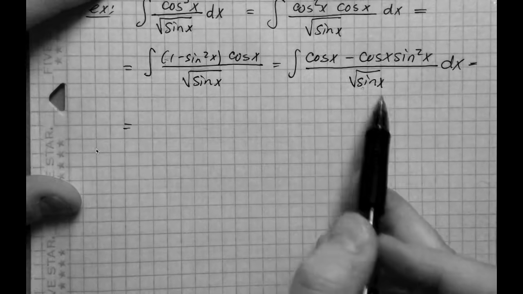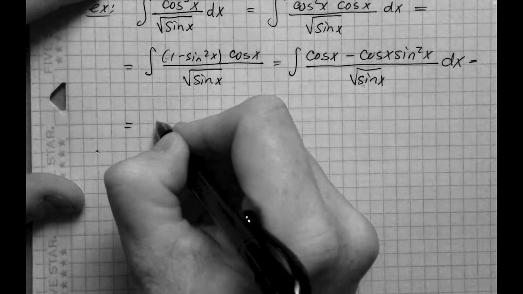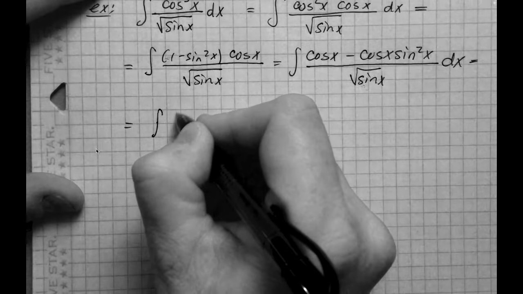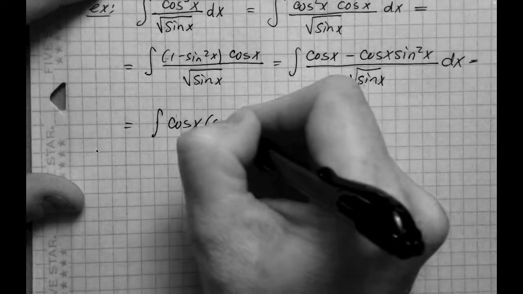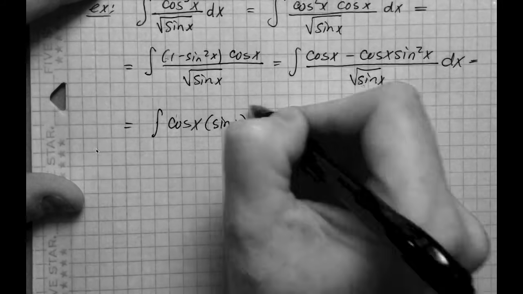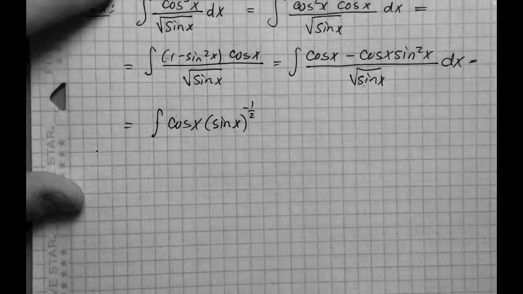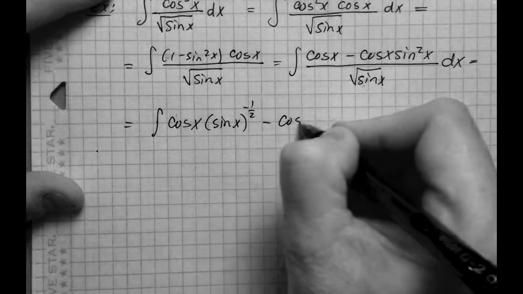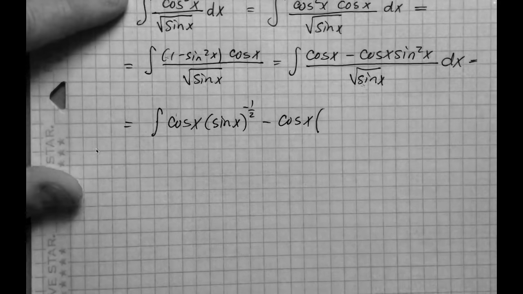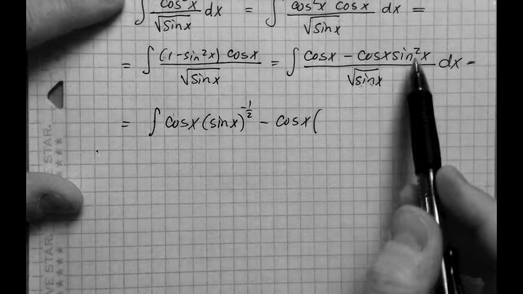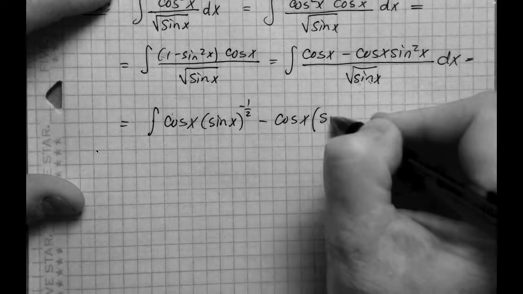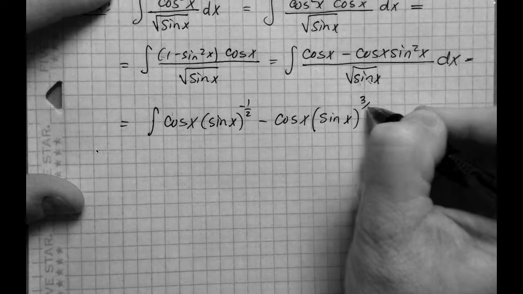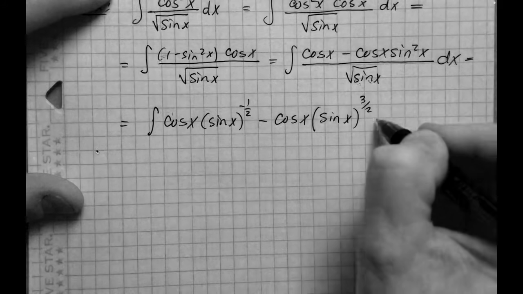So then when we do that, we'll have the integral of cos x times sine x to the negative 1/2 power, minus cos x times, now what happens here? Well, this is sine squared, this is sine to the 1/2, and so what I end up with is sine of x to the 3/2, so like 1.5 you can think of, right?